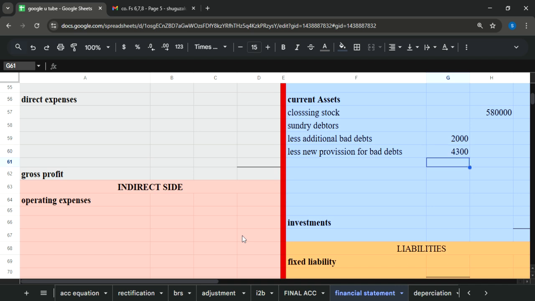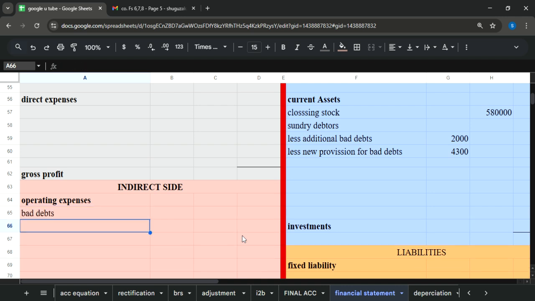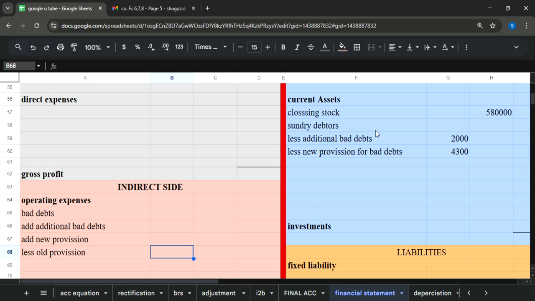Now come over here to operating expenses. There are 4 parts. First we will see if bad debts are present. Then we will add additional bad debts. Again we will add the new provision. Then we will subtract the old provision for bad debts. 2 elements are present over here.